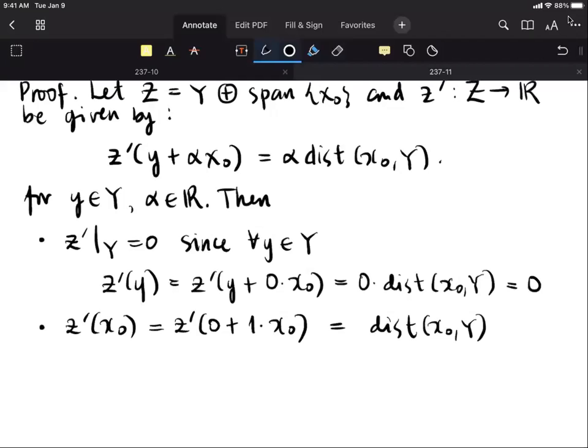So we also need to establish the linearity of Z prime.